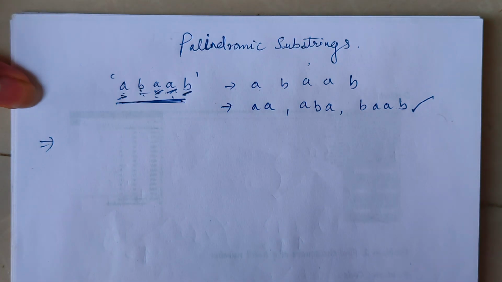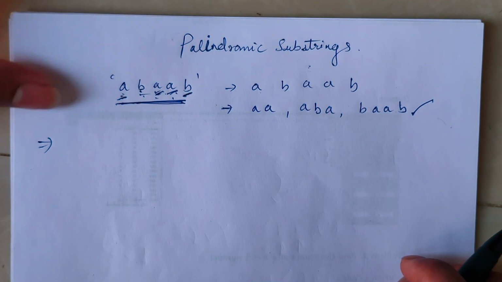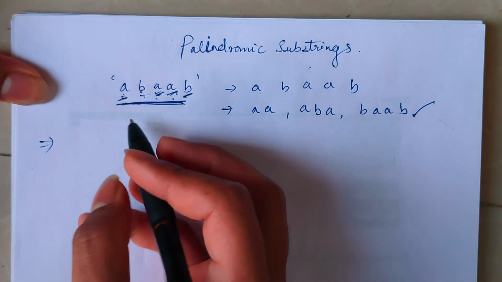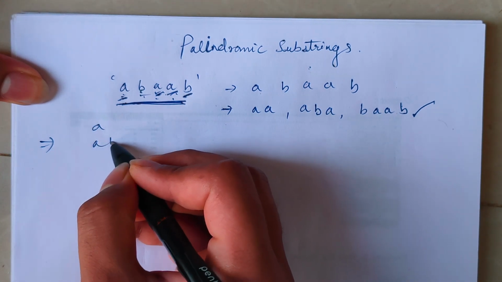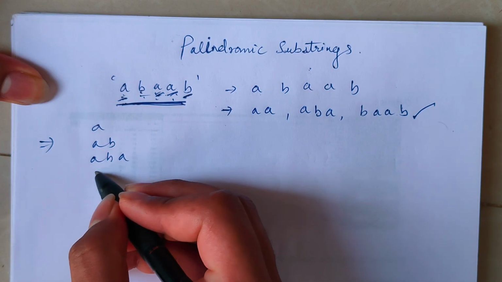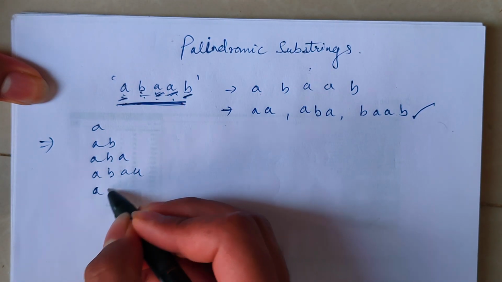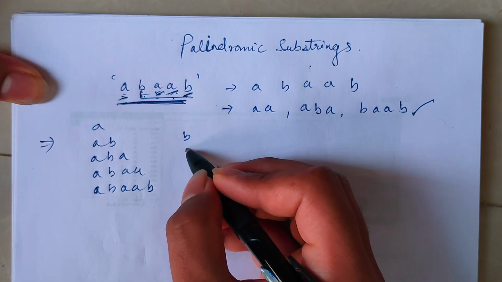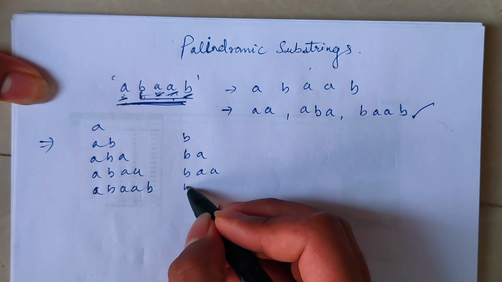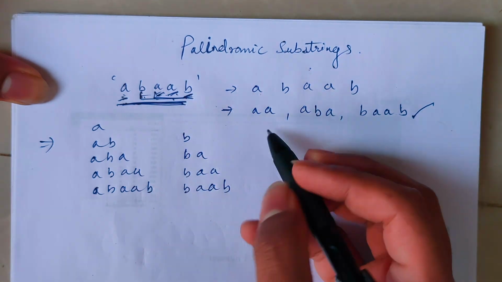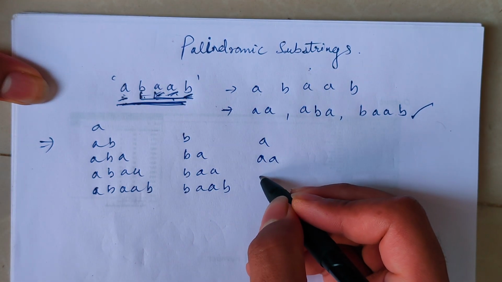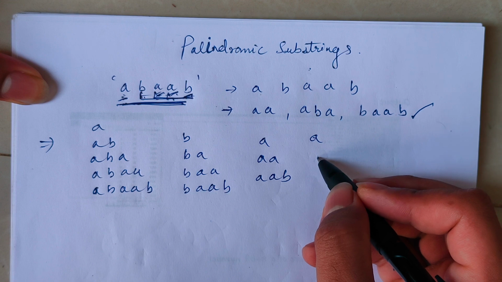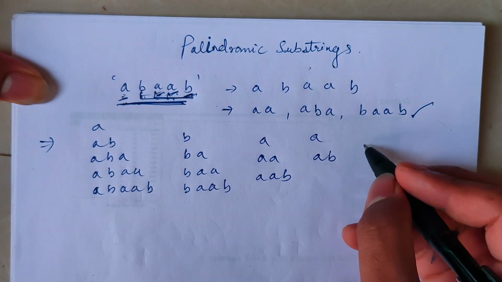The naive approach that might come into your mind is to generate every substring of this string first, like A, AB, ABA, ABAA, ABAAB, and substrings starting from this B: B, BA, BAA, BAAB, then starting from A: AA, AAB, starting from this A: AB, and this last B.